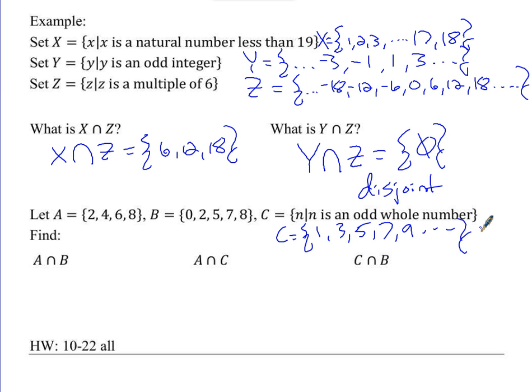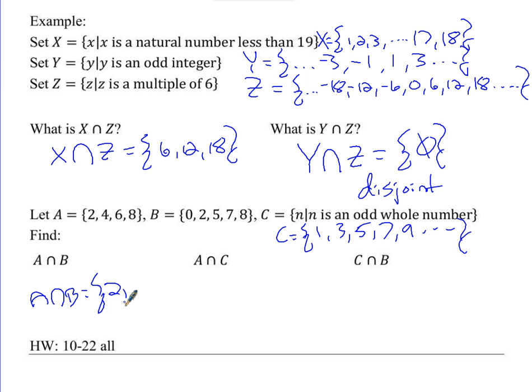Okay, A intersect B. I'm going to write A intersect B equals, open a squiggly bracket. What do I have? 2 for sure. Anything else? 8.